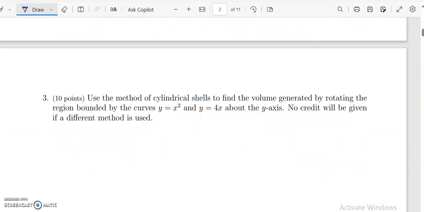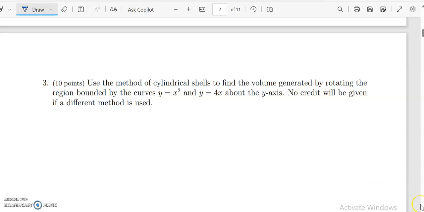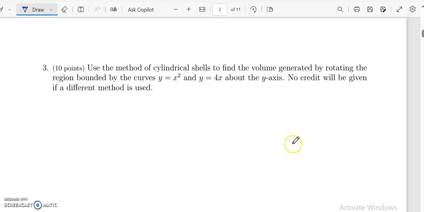And next one, by the method of cylindrical shells, we need to find the volume generated by rotating the region bounded by the curves y equal to x square and y equal to 4x about the x-axis. So we need to apply the method of cylindrical shells.